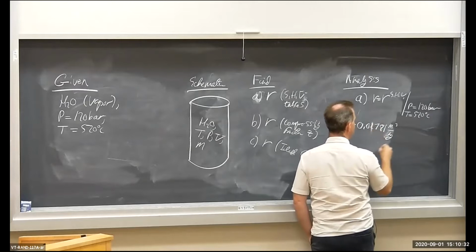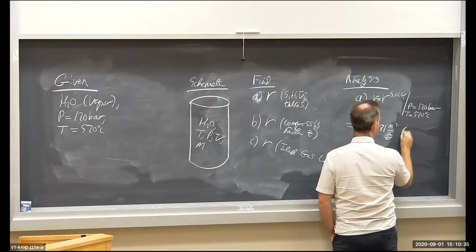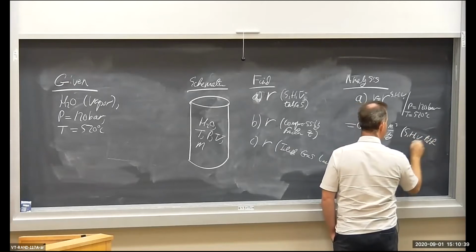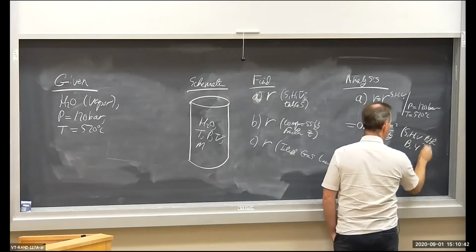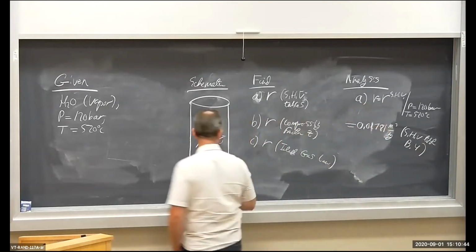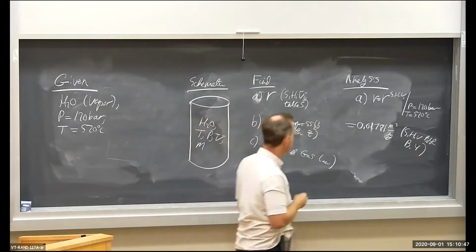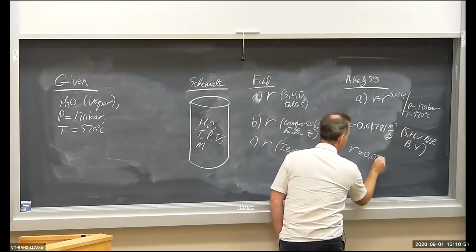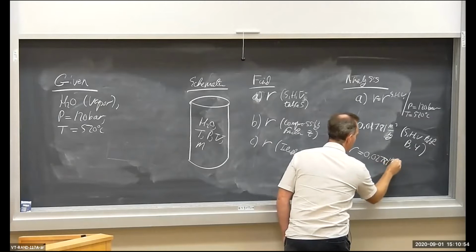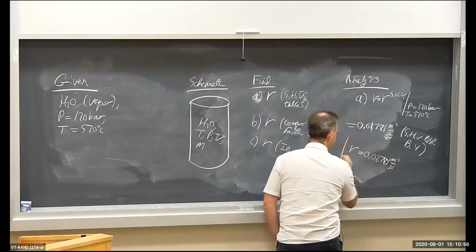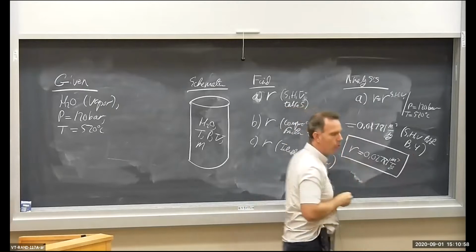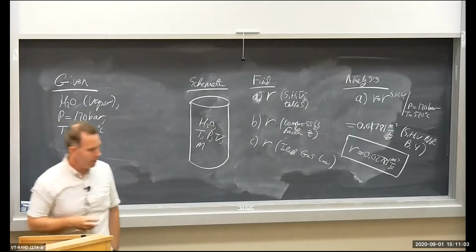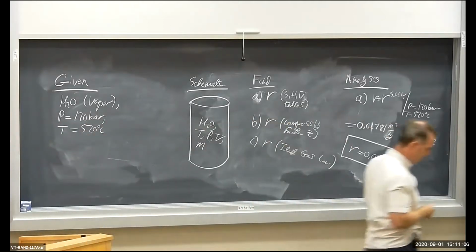And this is from superheated vapor table B4. So specific volume for part A is 0.02781 cubic meters per kilogram. Let's put a box around that. That is the actual or the true specific volume. The superheated vapor tables are accurate.